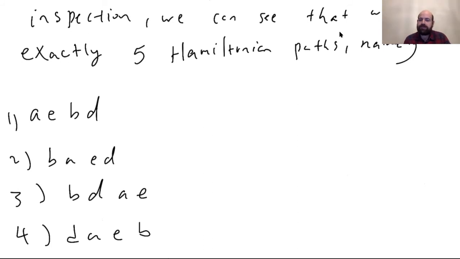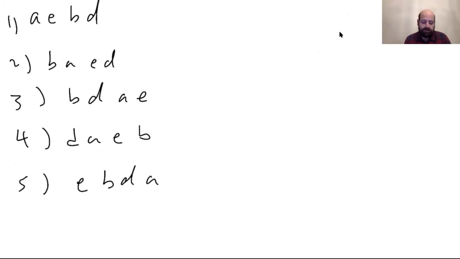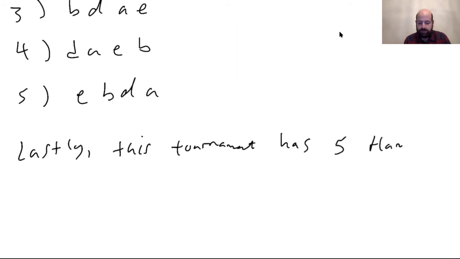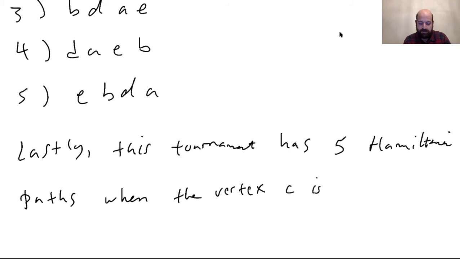Of course, these are still ignoring C, so the final answer will be, lastly, this tournament has 5 Hamiltonian paths when the vertex C is added to the end of the 5 paths above.